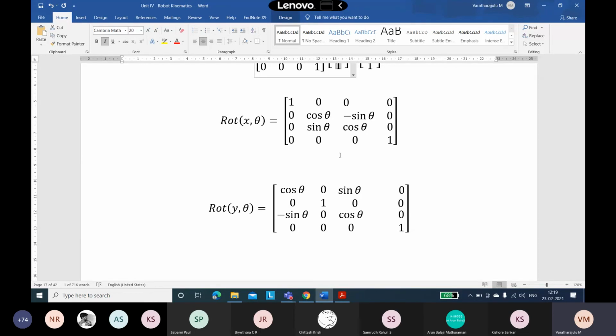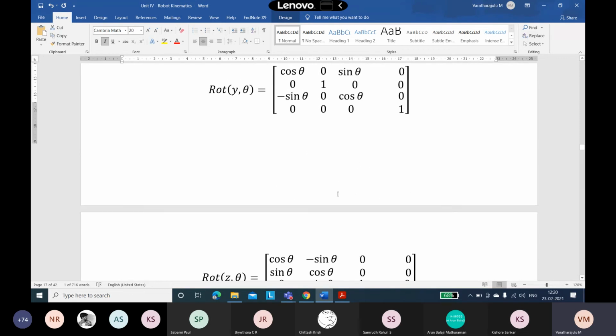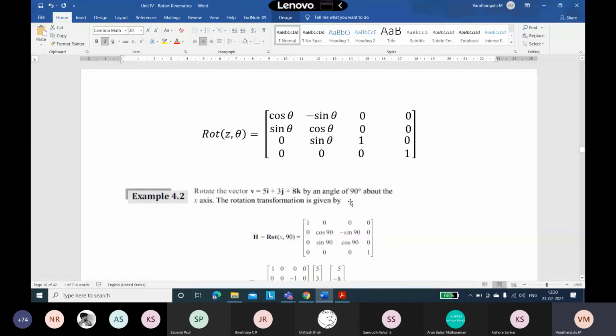He referred to the textbook from MIT Press, Cambridge. The name of the textbook is Robot Manipulator, Mathematics, Programming and Control. The author is R.P. Paul. Please make a note of this rotation of z comma theta.